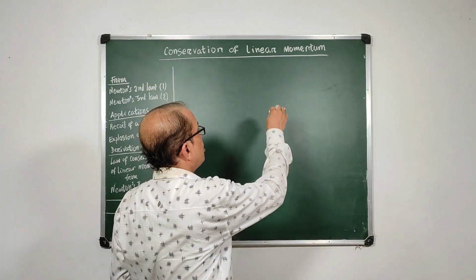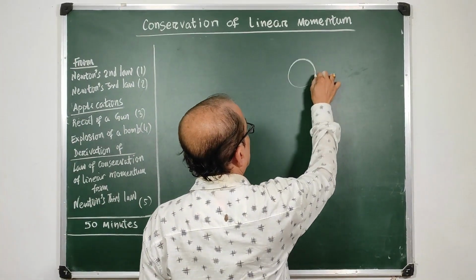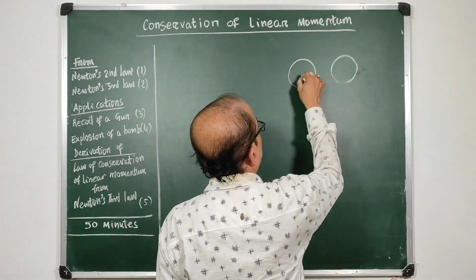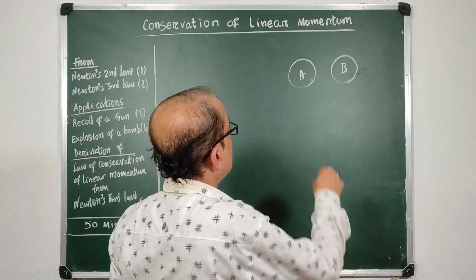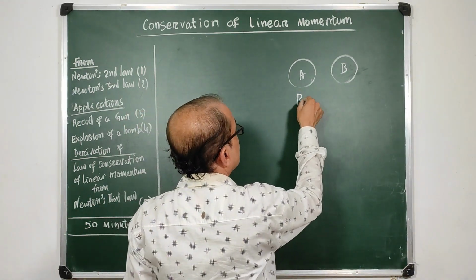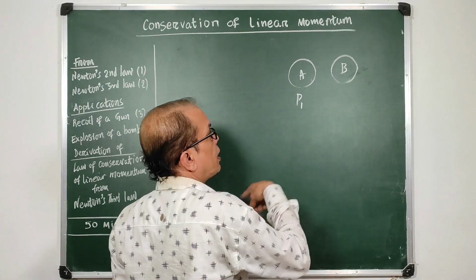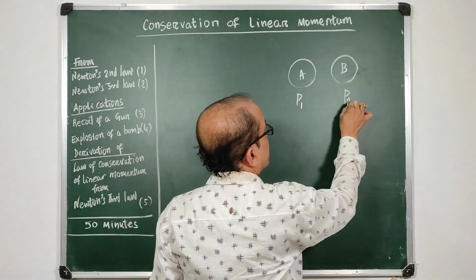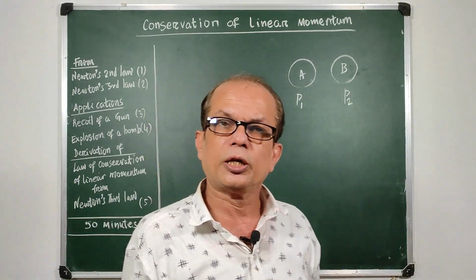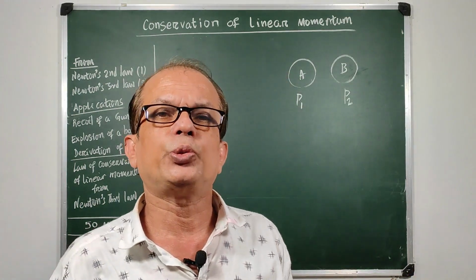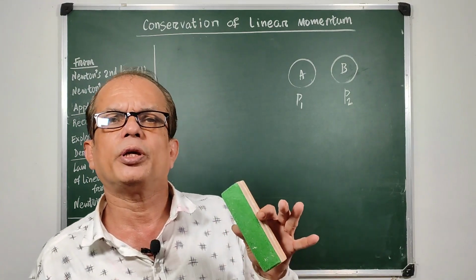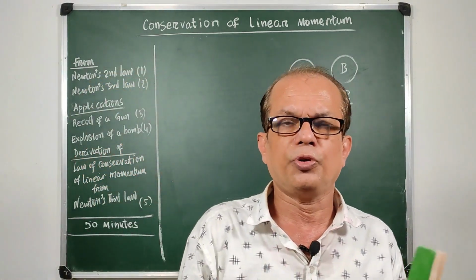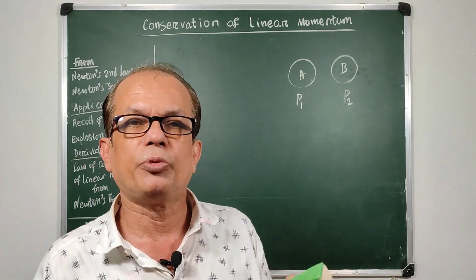Suppose there are two bodies, the body A and the body B. The momentum of the first body is p1 and the momentum of the second body is p2. Each one has a mass, m1 or m2, and a velocity, v1 or v2.